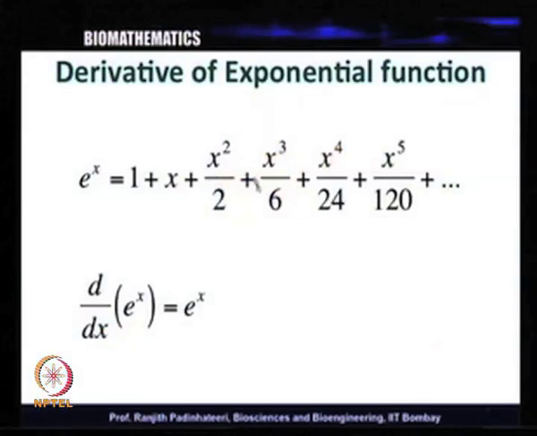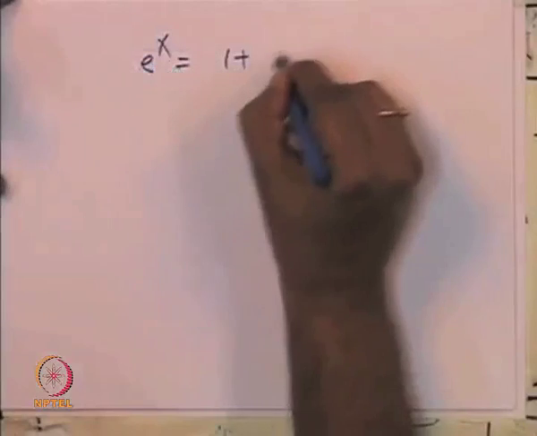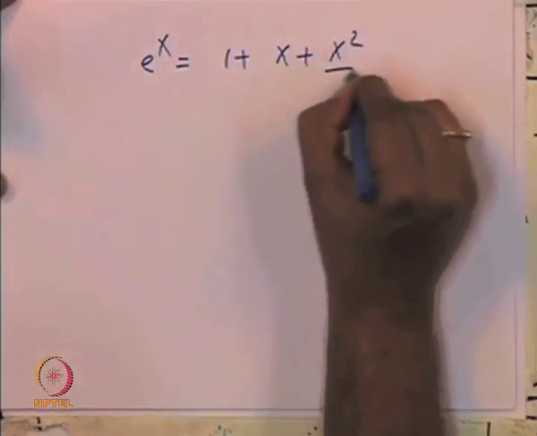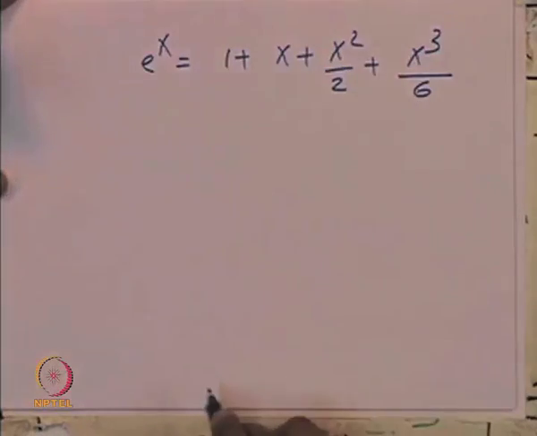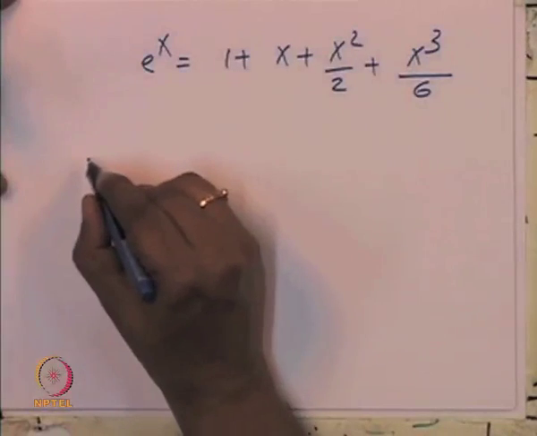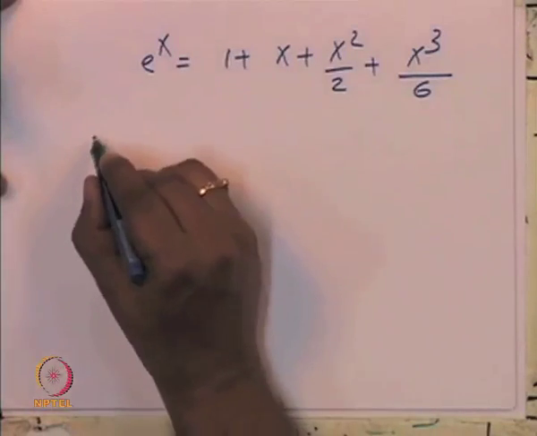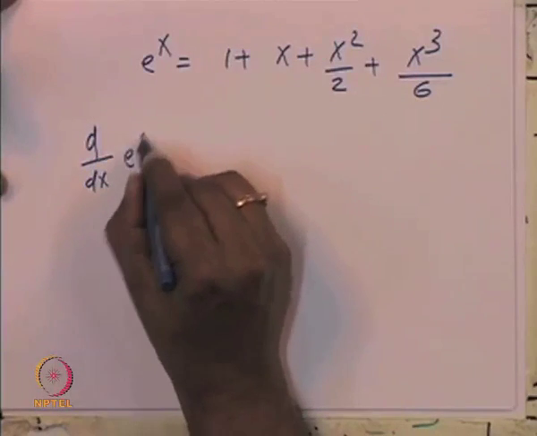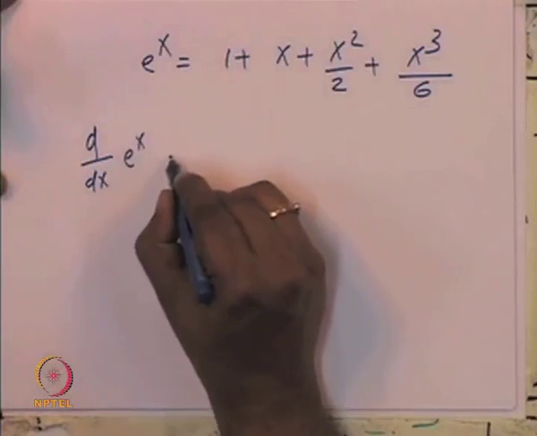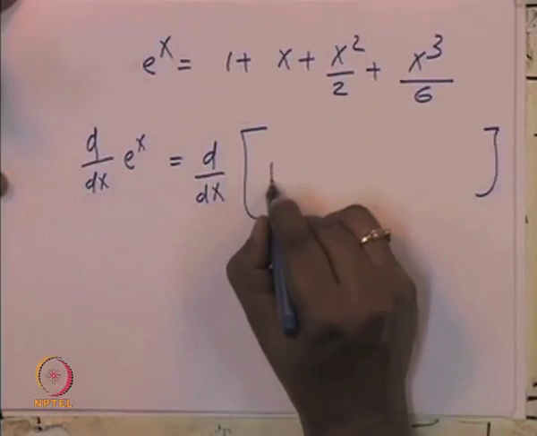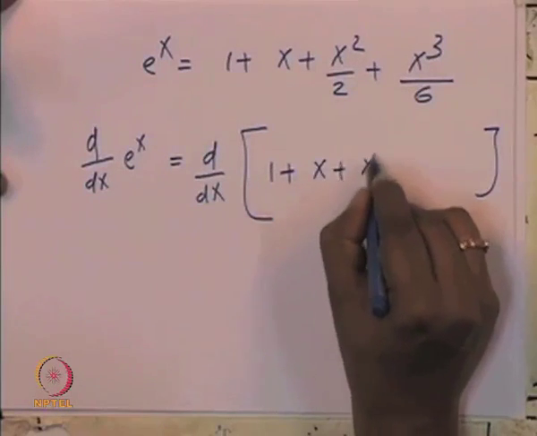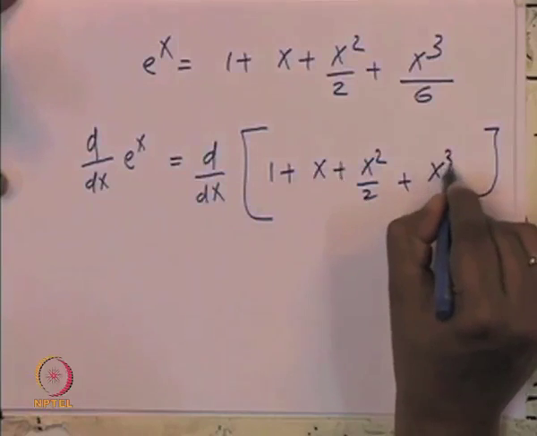So, let us think about it. Let us just quickly redo this. We said e power x is 1 plus x square by 2 plus x cube by 6. So, now d by dx of e power x is nothing but d by dx of this whole thing, which is 1 plus x square by 2 plus x cube by 6.